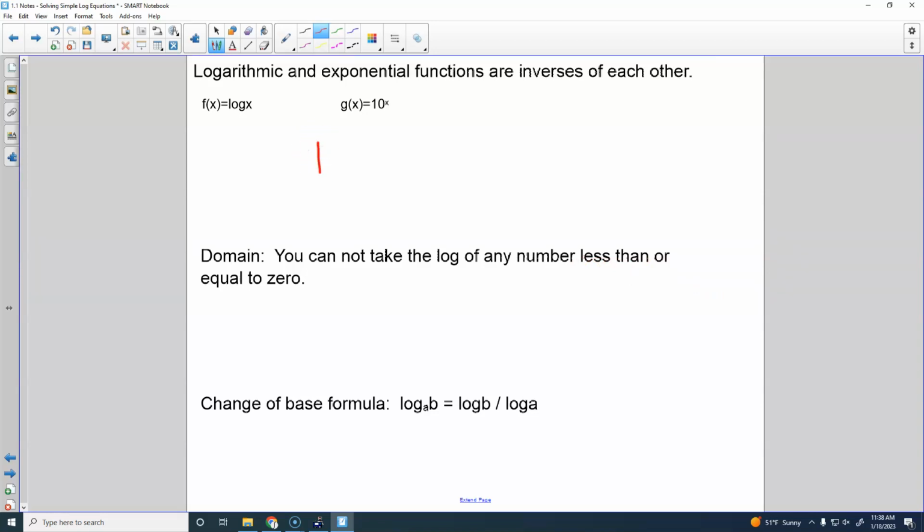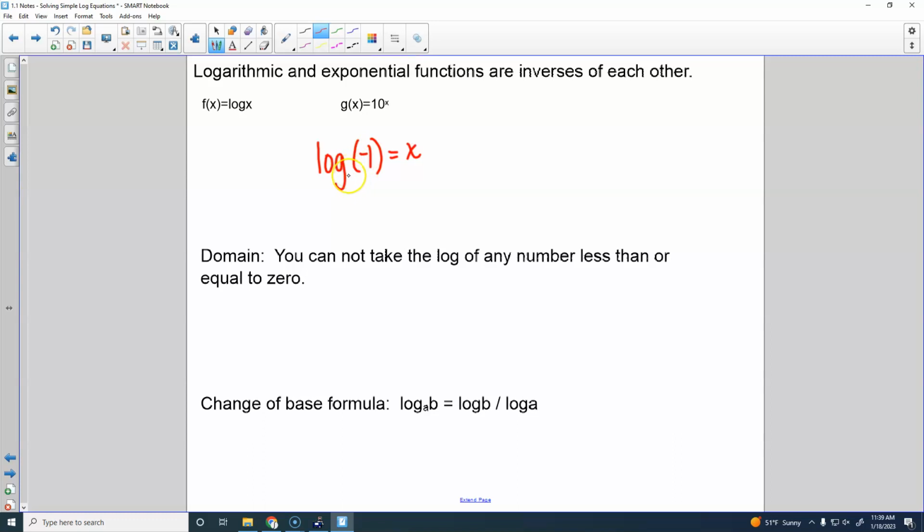If I have log of x equals, let's talk about why we can't have negative numbers first. So if I have log of -1 equals, I'm going to put the x here. I don't know what it equals, right? This log does not have a base written.